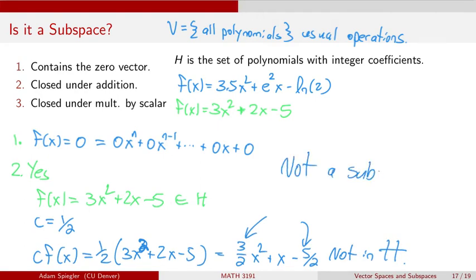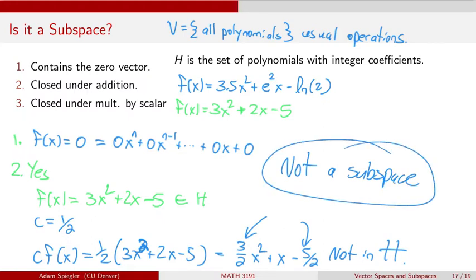And we have 2 out of these 3 conditions that work out. The issue is here it needs to be closed under scalar multiplication. And this will work for some scalars. As long as I pick a scalar which is an integer, it will be okay, but it doesn't work for all scalars.